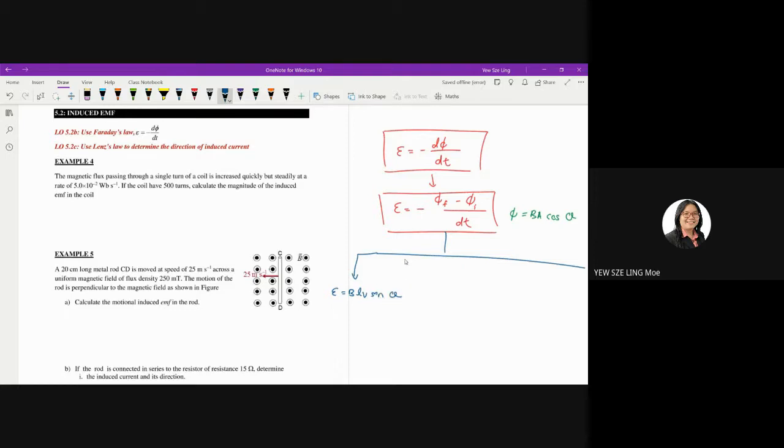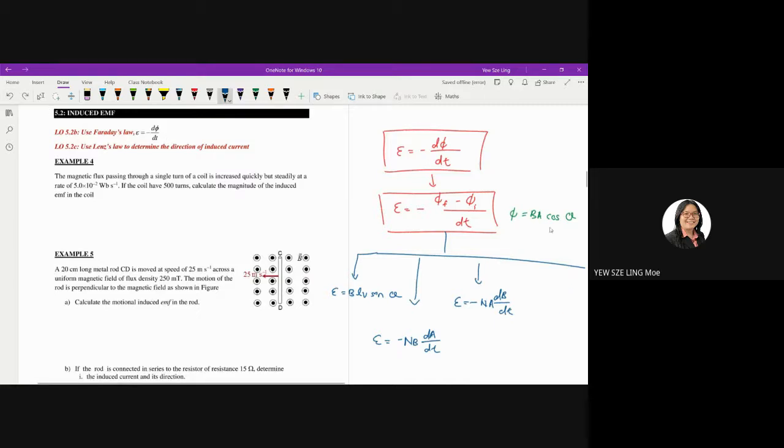Then the second equation is for change in area: EMF equals negative NB dA over dt. Then EMF equals negative NA dB over dt, for change in B. And the last one is for change in angle.